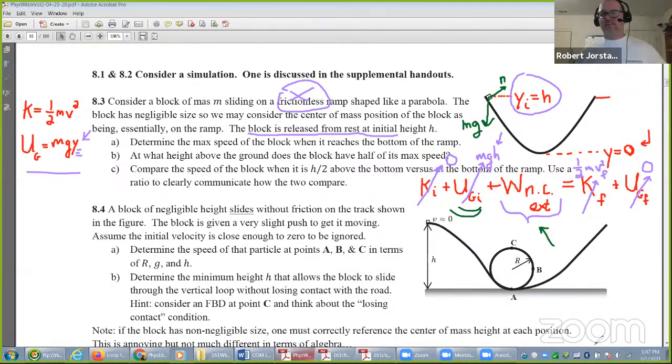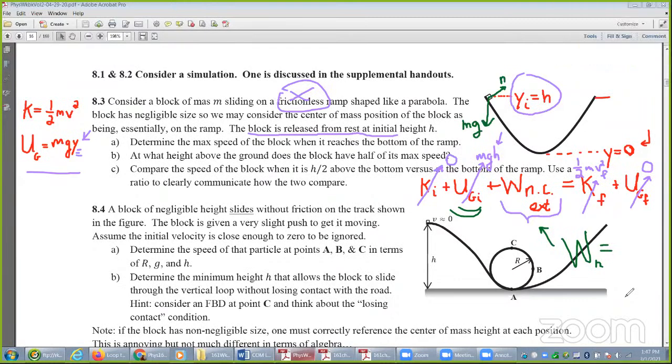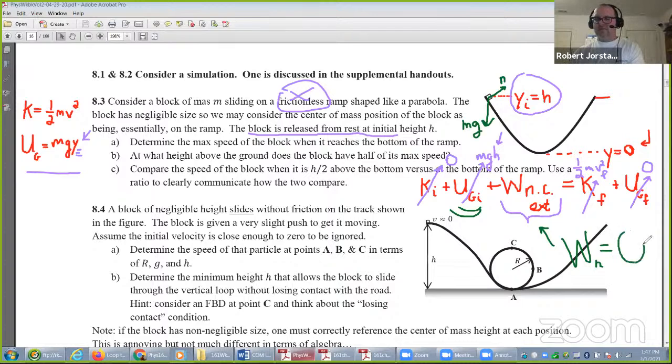What about the work done by the normal force? Isn't it perpendicular? So that means it's 0? Absolutely. The work done by the normal force is 0 because the normal force vector is perpendicular to the displacement vector. Does that make sense?